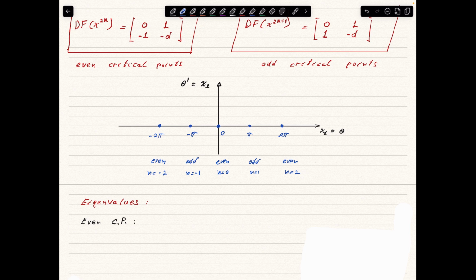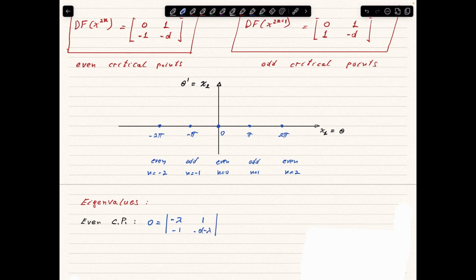So the eigenvalues are the solution of 0 equal the determinant of the matrix minus lambda identity. So we have a 1. Now we are working with this matrix, so we have a negative 1 right there. So negative 1 and negative d, negative lambda.